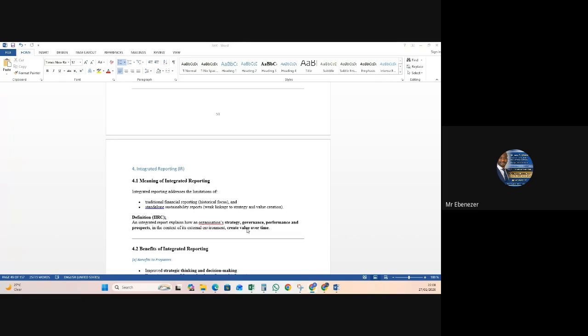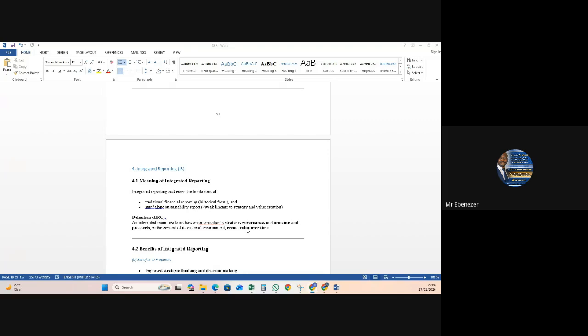Integrated reporting has come to address that limitation. So you are not preparing your social responsibility or sustainability report separately anymore. You are incorporating it into your financial statements.